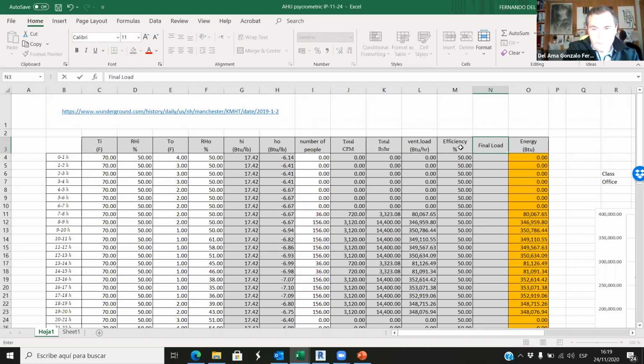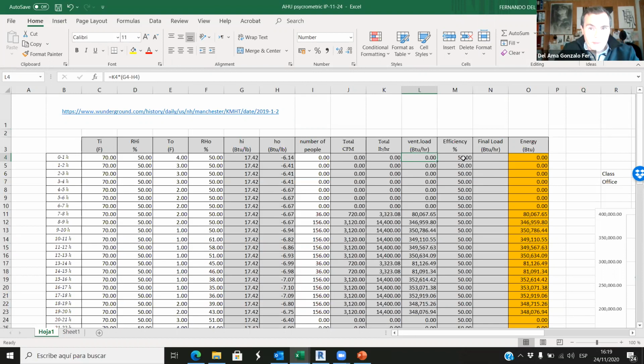load. Once we have the ventilation load and the efficiency, here I need to specify the units, and units are BTU per hour. Okay, so this is the ventilation load, this column, times the efficiency.